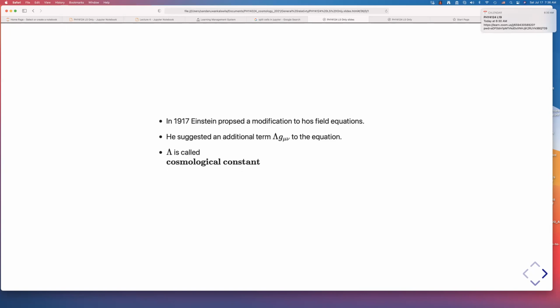However, at that time, does anybody know why he added this term to his equation? Is there any reason for that? Actually, the reason for adding this new term is he believed that the universe should be static at that time, right? So he was thinking that the universe should be static, should not change.